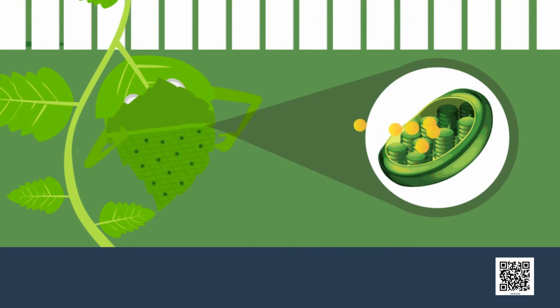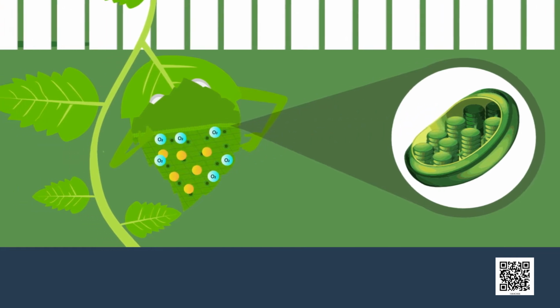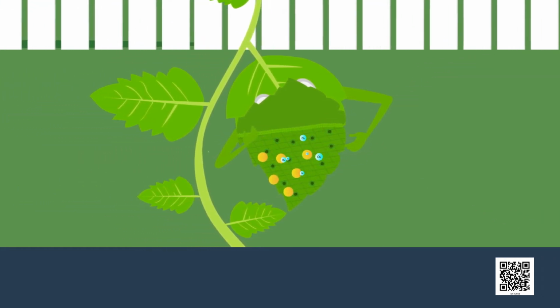Plants are able to prepare their food in the presence of chlorophyll and sunlight and use carbon dioxide and water for this process and release oxygen as a byproduct of photosynthesis. This oxygen is released into the air through stomata.